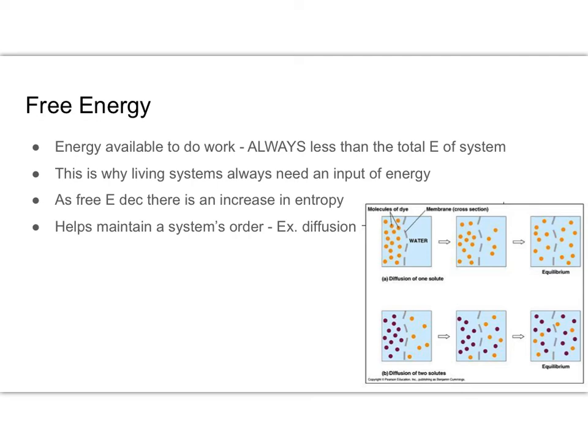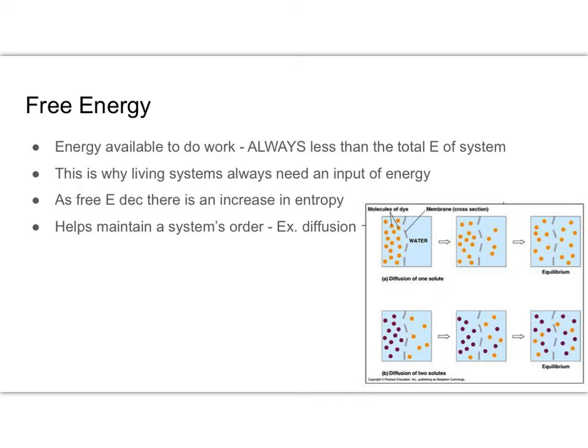And as that free energy continues to decrease, you will then increase the entropy. You increase the chaos of the system. And so biological systems will help transfer this free energy and maintain this free energy to help maintain the order of the system. Diffusion works off of this process.